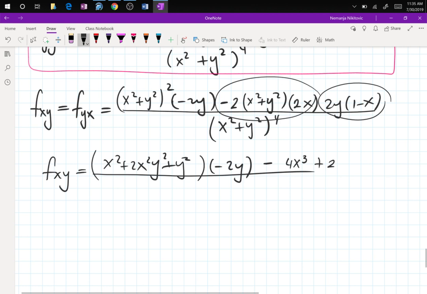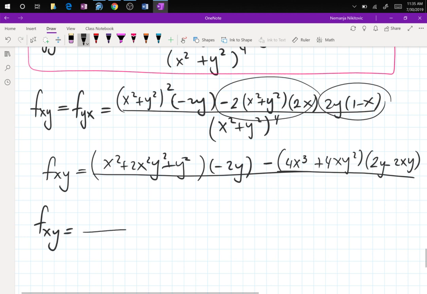Now, not 2, 4xy squared. And when you multiply the other one, it's 2y minus 2xy. Just a lot of calculations.